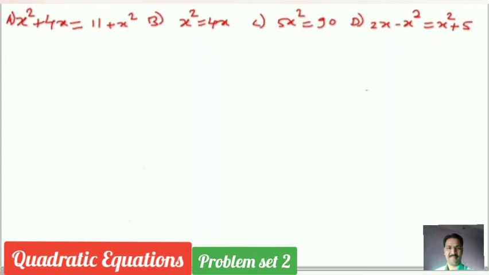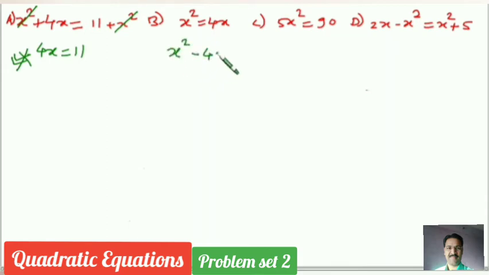Okay, first see very carefully. Friends, look here. First of all, this x square gets cancelled because it is on both sides. So here only 4x is equal to 11. Check whether it is quadratic. Absolutely not, so this is not a quadratic equation. Now what about the second one?